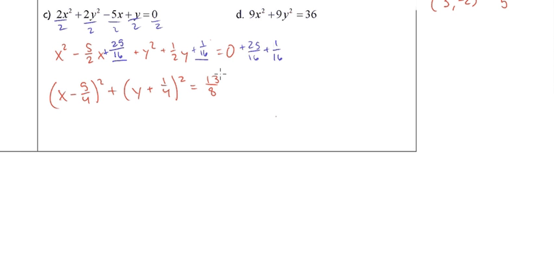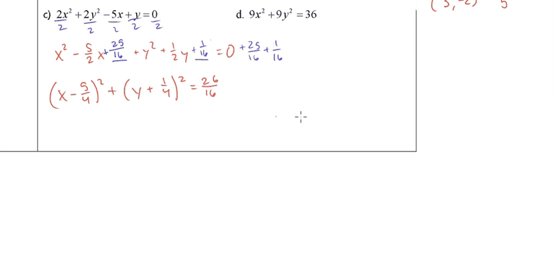Actually, I'm just going to leave it at sixteenths. That'll simplify a little bit easier at the next step. 26 sixteenths. And you'll see why I'm leaving it there in just a second.